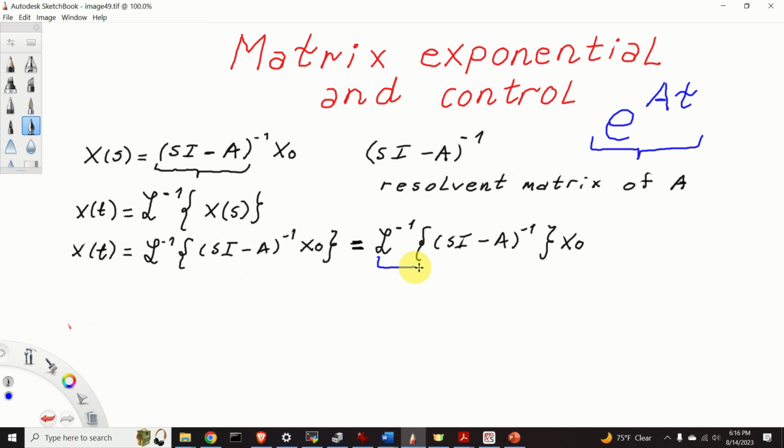This matrix over here has a special name in control engineering and control theory. This matrix is called the state transition matrix, and usually it's denoted by the capital letter phi, the Greek capital letter phi, of time, and over here I will write the complete expression, inverse Laplace transform of the resolvent matrix.